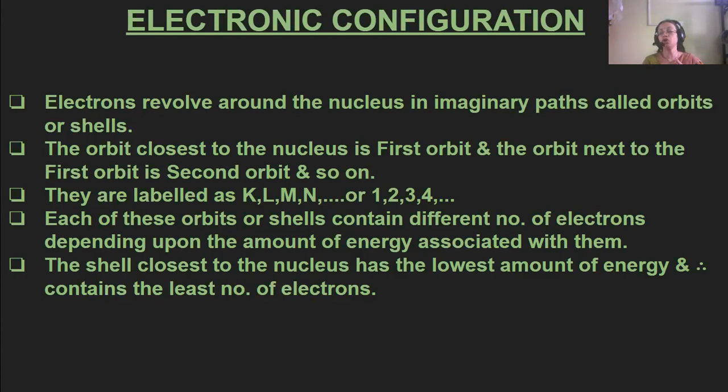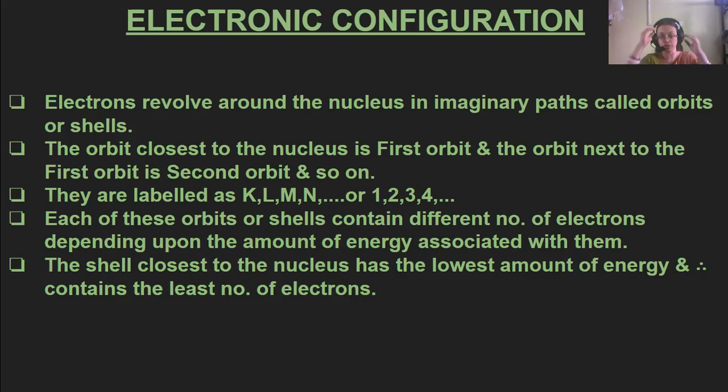Then each of these orbits or shells contains a number of electrons depending upon the amount of energy associated with them. How much energy the electron has determines the number of electrons they contain.